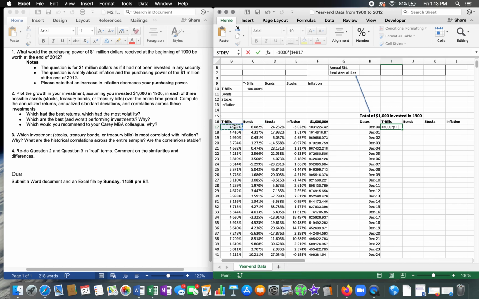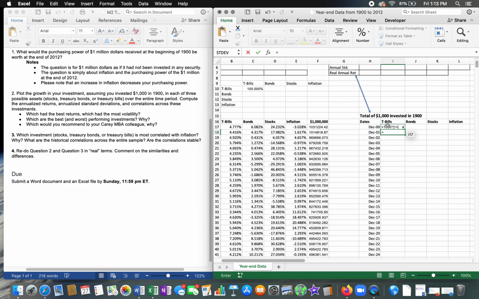So we'll start with T-bills. And then close it, enter. So that's the correct function. And then we can't just drag it down yet, because if we do that, each number will have 1,000 in it.